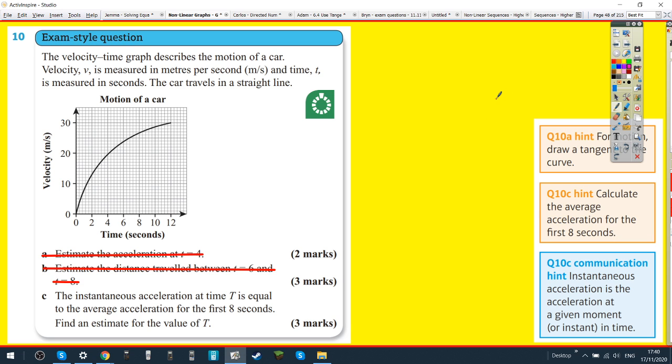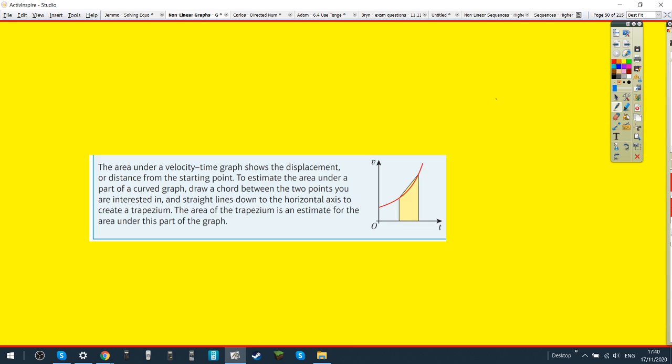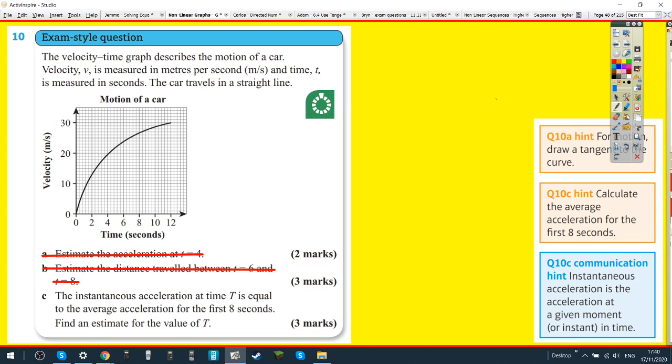And then 8 seconds. Time t is equal to the average acceleration. Okay, how would we do? Hang on, this is an exam style question. Let me see something. Okay, so how do we do part C?